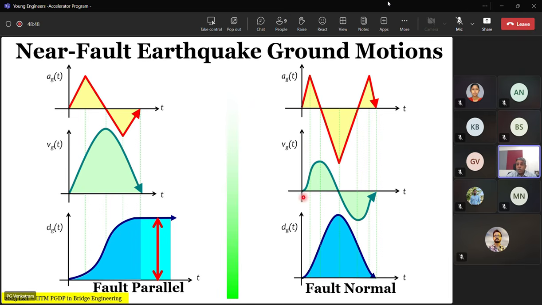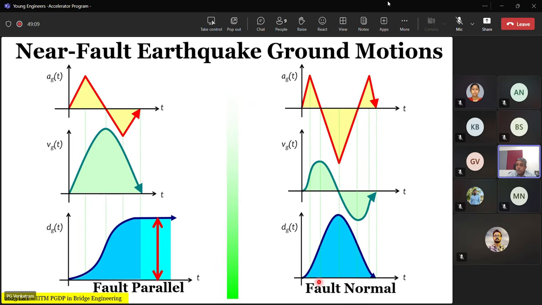Now, when you talk about fault normal movement, they have a bidirectional peak. That means within one cycle it will go in this direction and then reverse. The velocities will not be that high, but it will also have a reversal in each cycle.